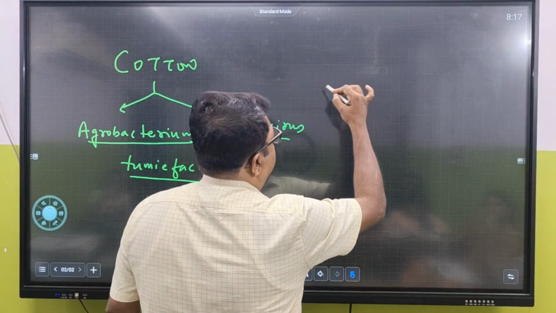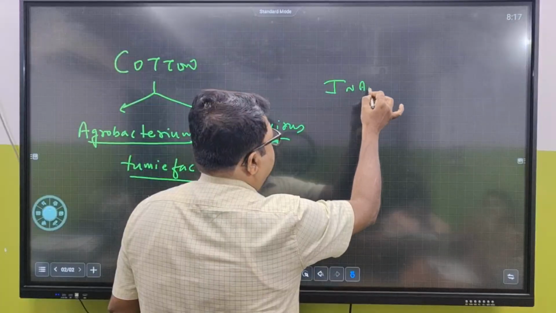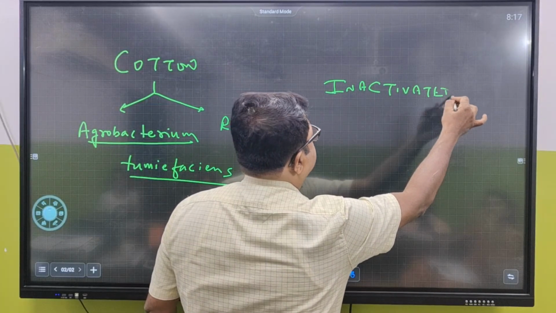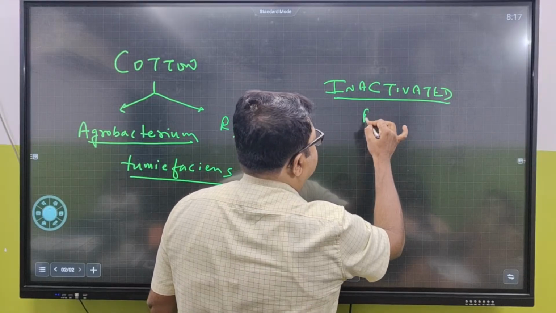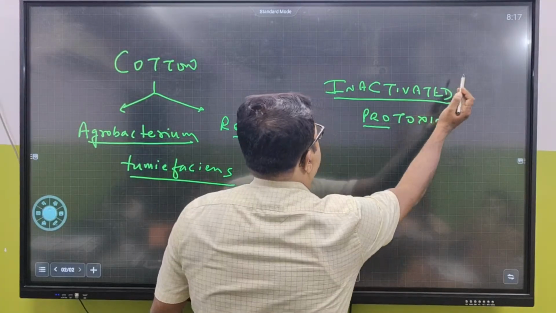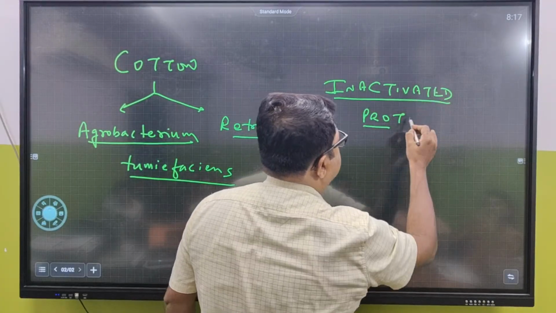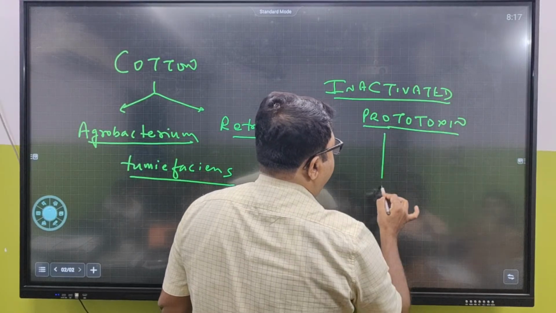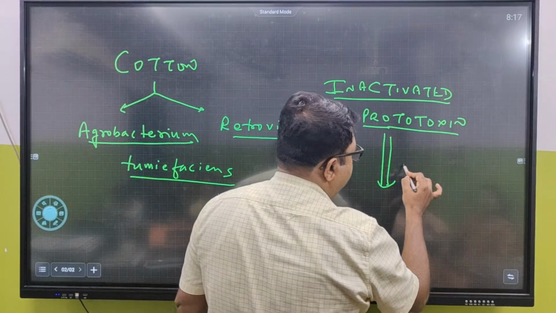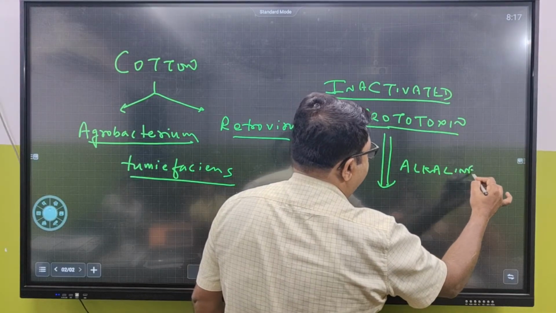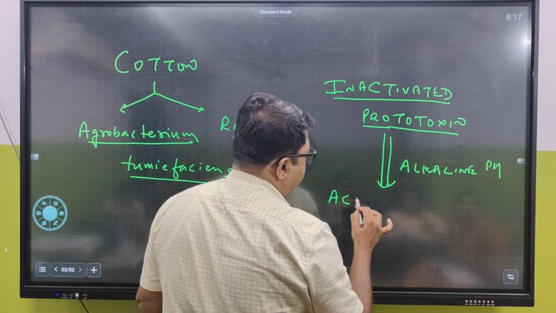And this Cry protein normally remains in an inactivated condition because it's a prototoxin. What is the meaning of prototoxin? It's an inactive toxin. It only gets activated in the presence of alkaline pH, into an active protein.